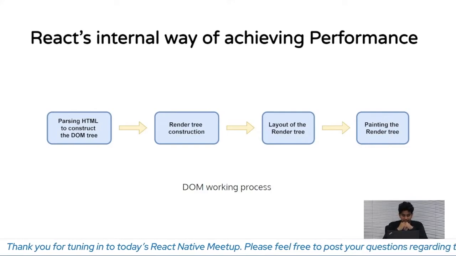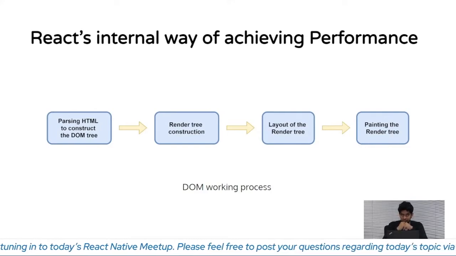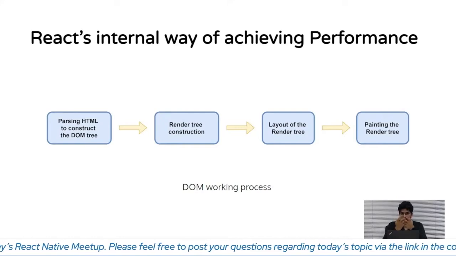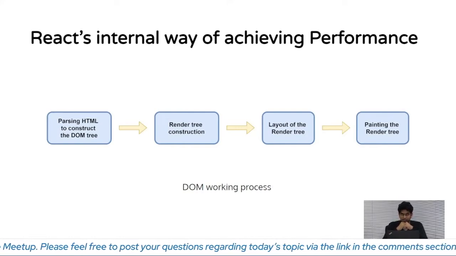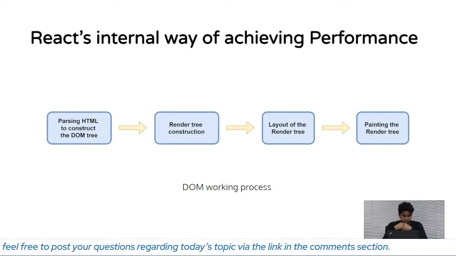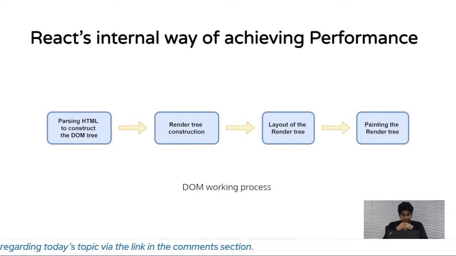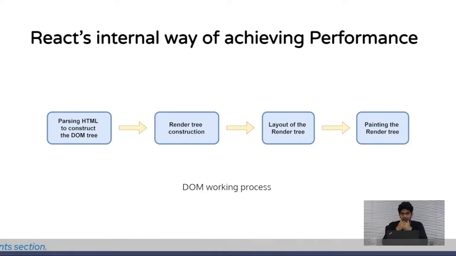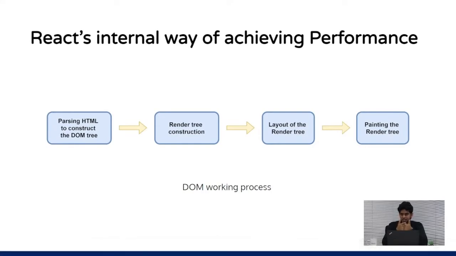So in this diagram, there are a few steps. First, the browser parses the HTML to construct the DOM tree, and DOM stands for Document Object Model. When combining the DOM with CSS styles, you get this render tree.